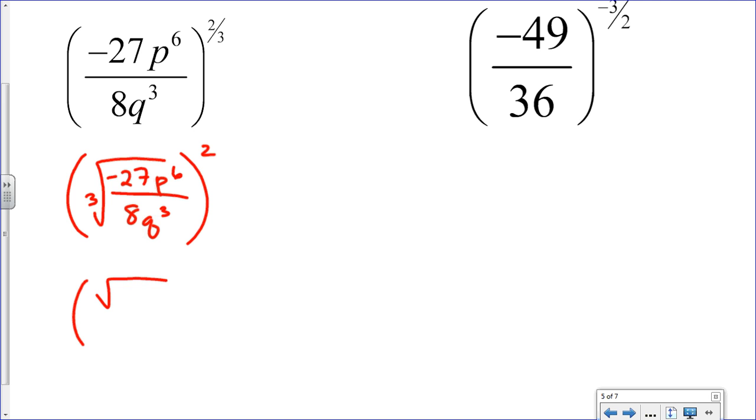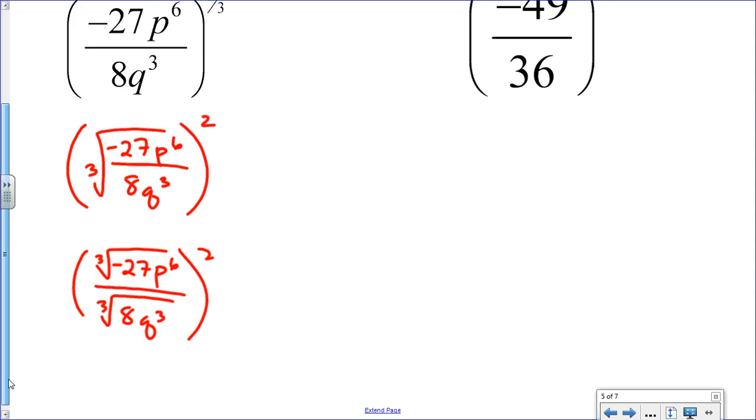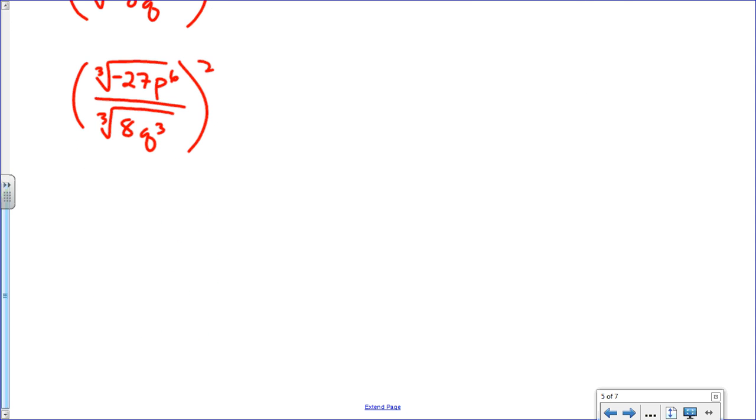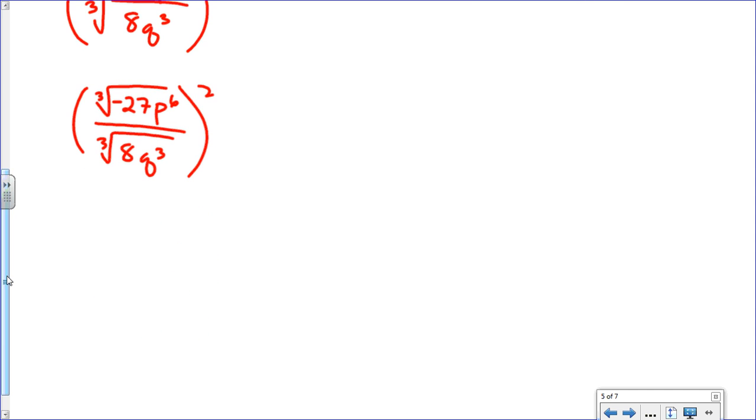So I have the cube root of negative 27 p to the 6 over the cube root of 8 cubed, and all of that squared. Okay, so in the numerator, the cube root of negative 27 is negative 3. Okay, what about the cube root of p to the 6?